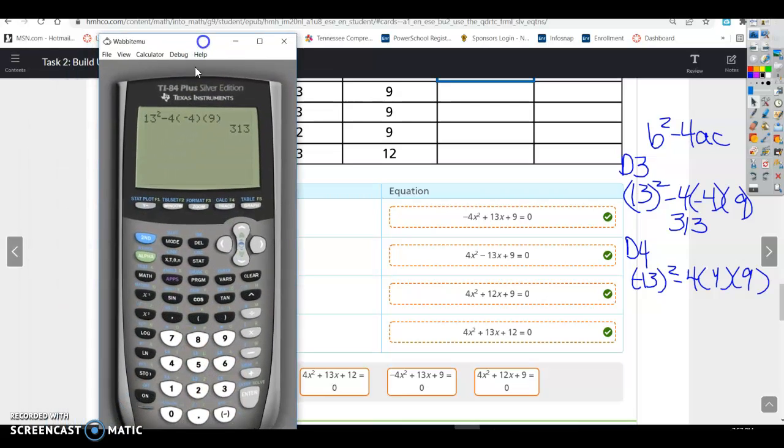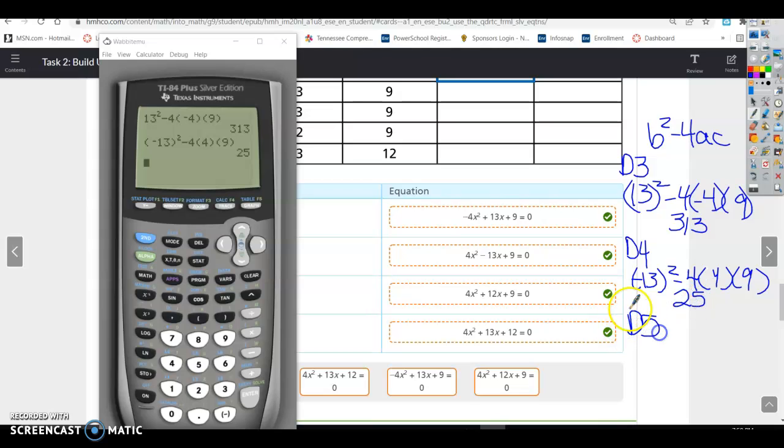I'm going to put the negative 13 in parentheses to make sure when I square it, my calculator does the correct operation. So negative 13 squared minus 4 times 4 times 9, and that's going to be 25.